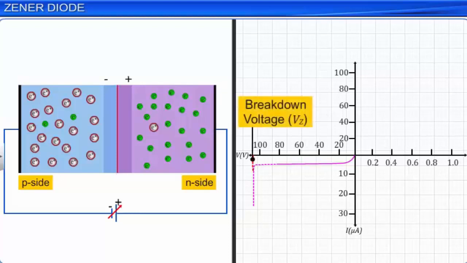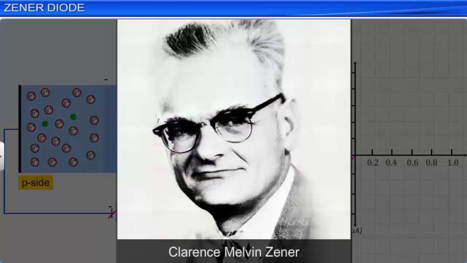A diode designed to have low breakdown voltage under reverse bias is called a Zener diode, which is named after its inventor C. Zener. A Zener diode is made by doping both the p and n sides of a p-n junction diode heavily. The circuit symbol of a Zener diode is represented as shown.